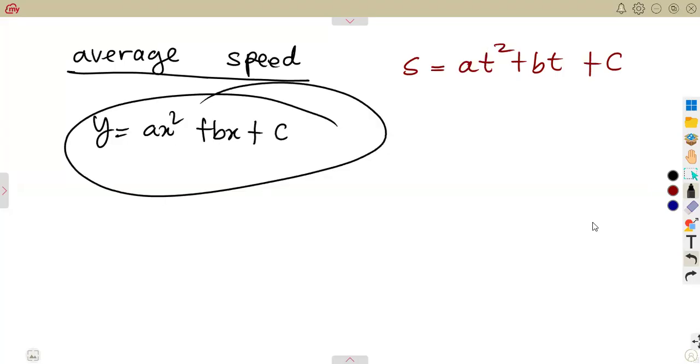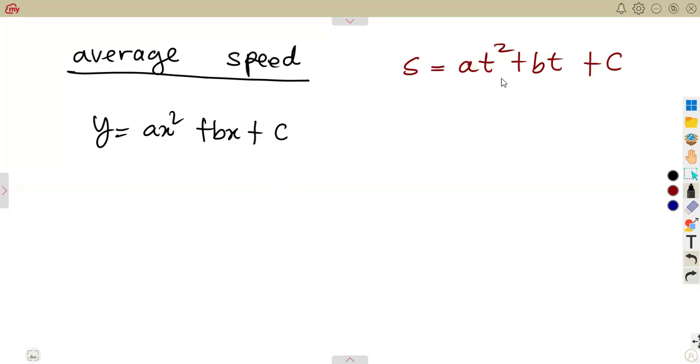This is what we had before. So it means we do not have the exact value of a speed. We have what we refer to as the average speed. It is the same shape. This is t squared, just like ax squared, so we still consider a parabola.